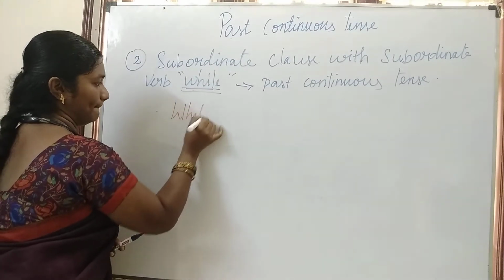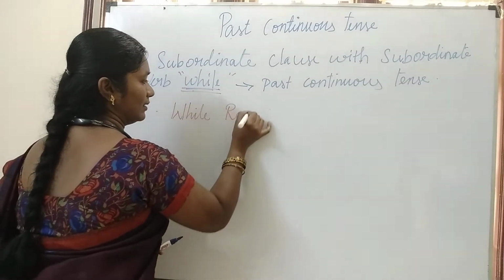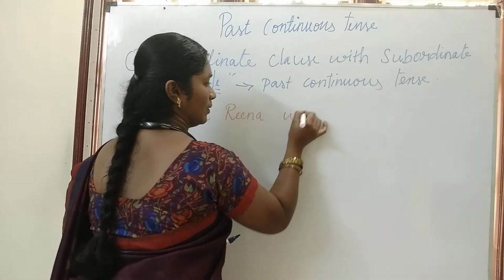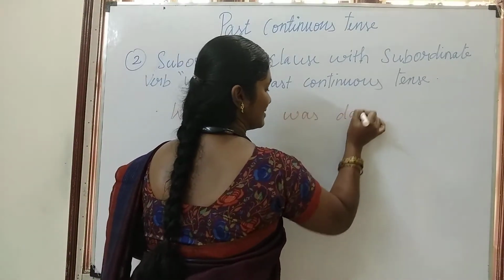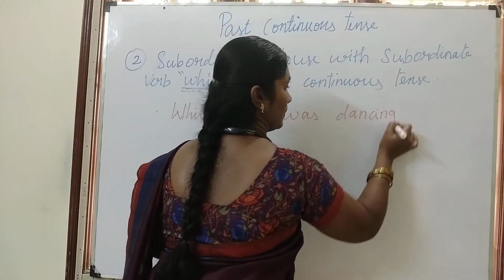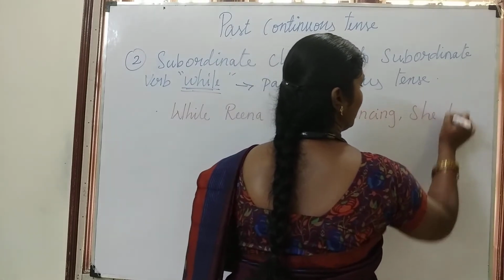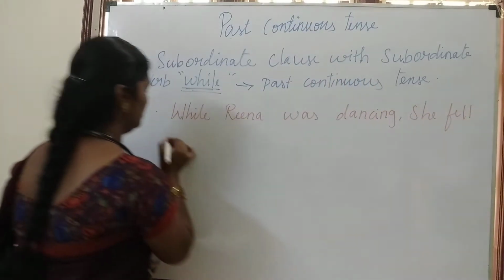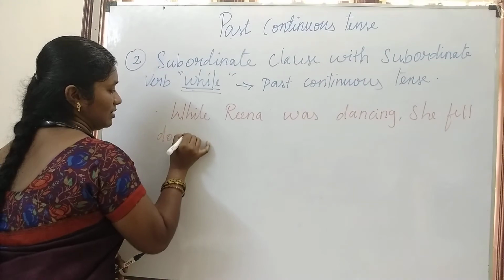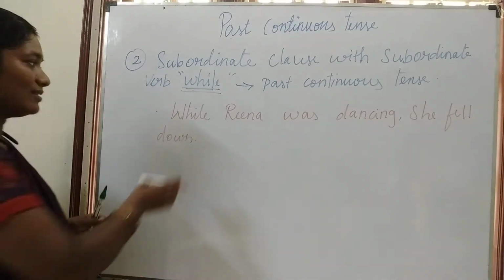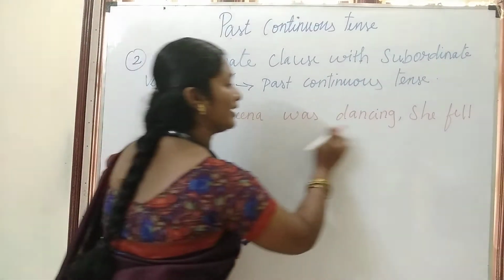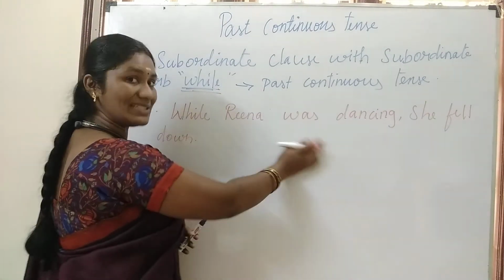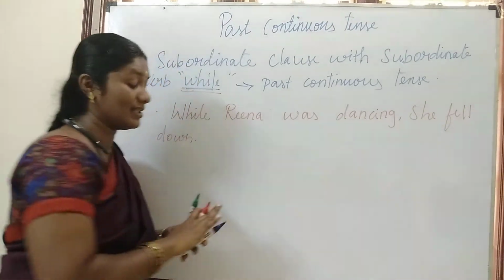While Reena was dancing, she fell down. Look at the example. The sentence begins with a subordinate clause. So while Reena was dancing is an incomplete clause.